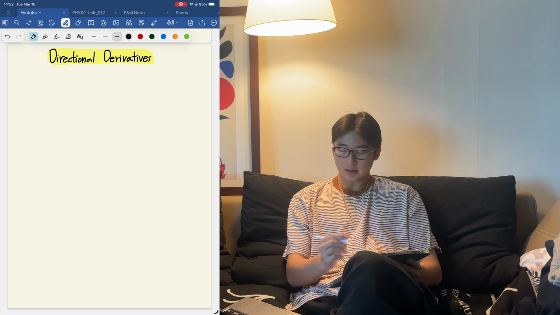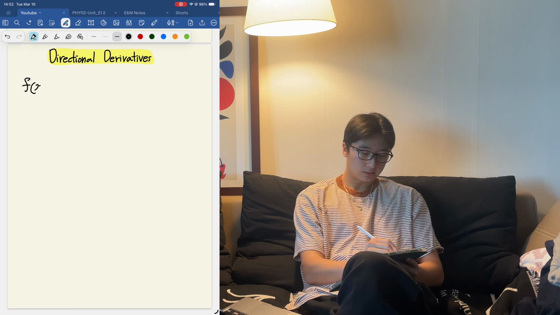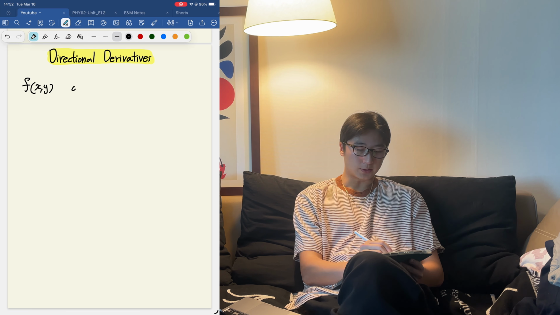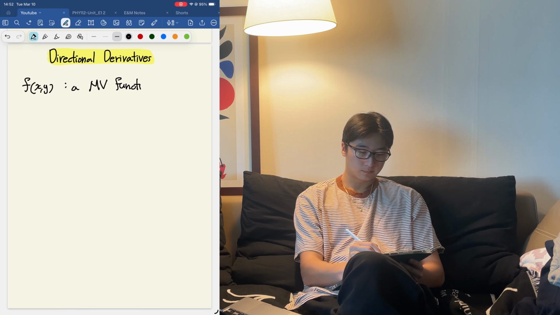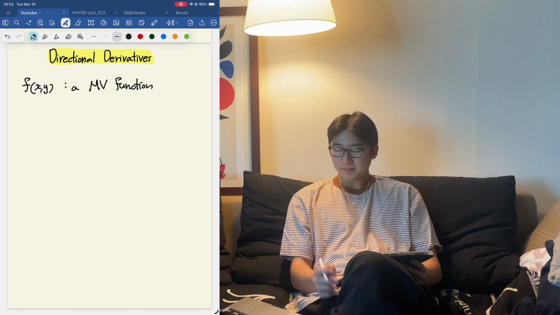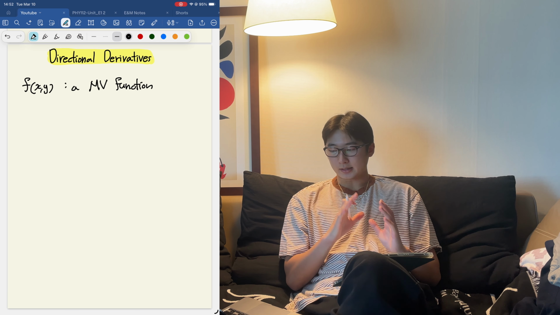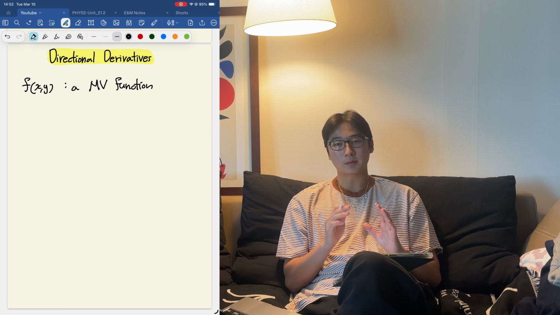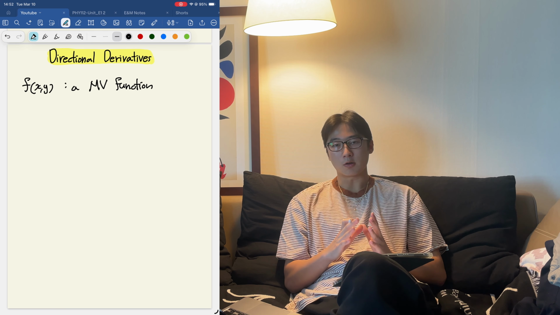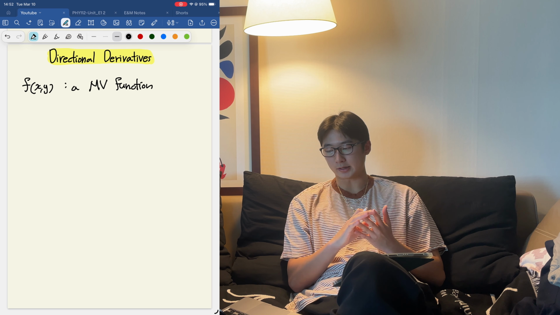Briefly, let f of x, y be a multivariable function. I'm not going to tell you about the gradient that deeply, but to talk about the directional derivative, it is essential to know briefly what gradients are.